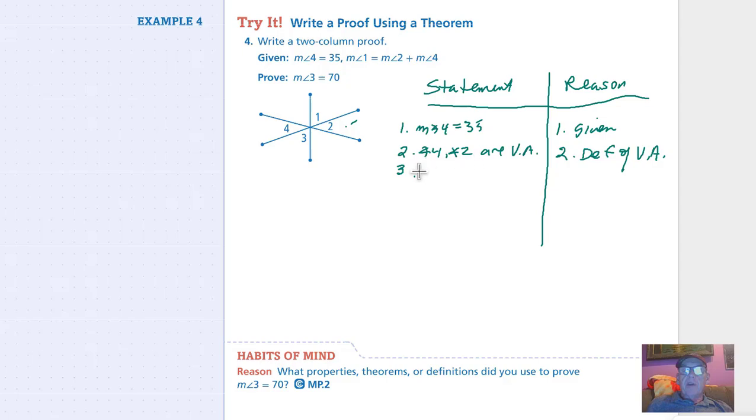That lets me say that they're equal to each other. So the measure of angle 4 is equal to the measure of angle 2, and that's because of the vertical angles theorem, VA theorem. So I've got 4 and 2 are equal to each other. And also they're both 35 degrees.